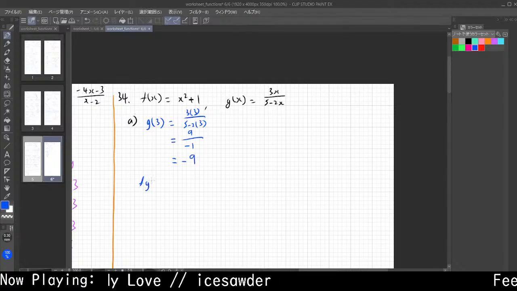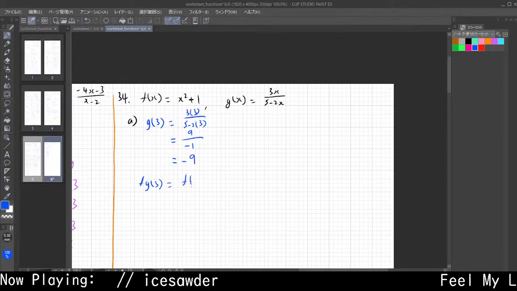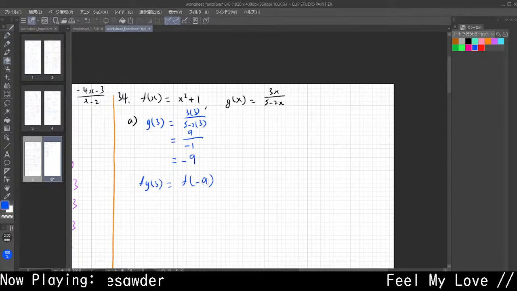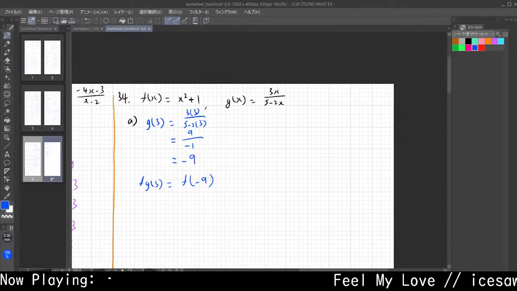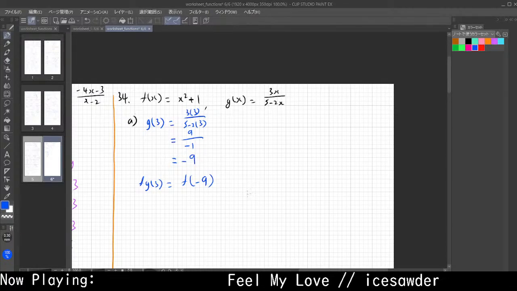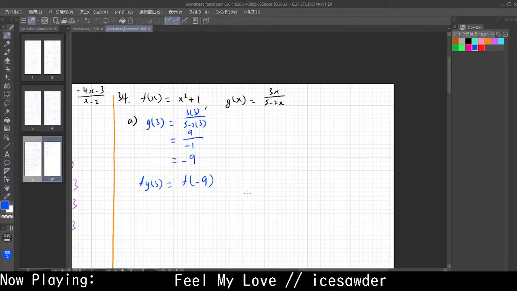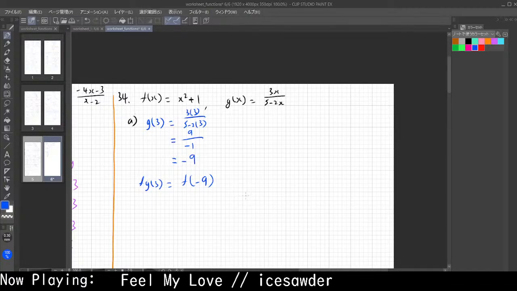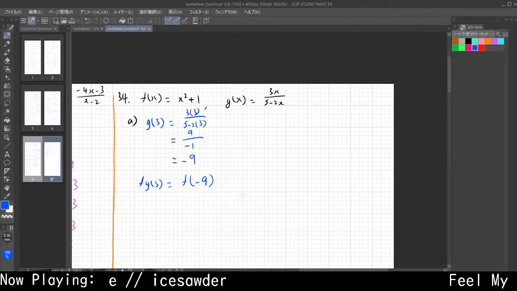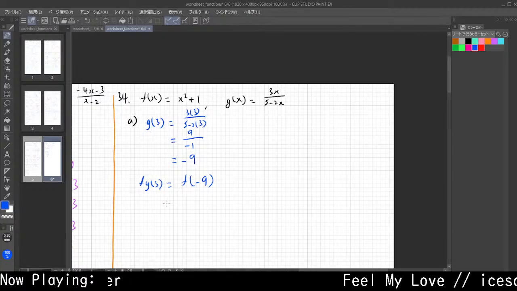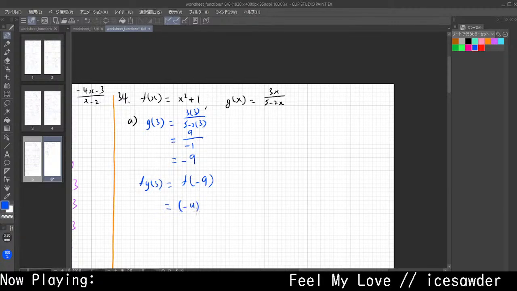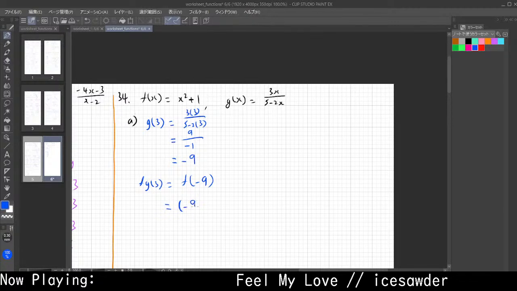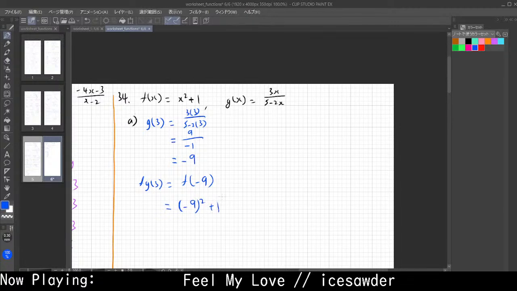Then f(g(3)) is f bracket negative 9, which is negative 9 squared plus 1.